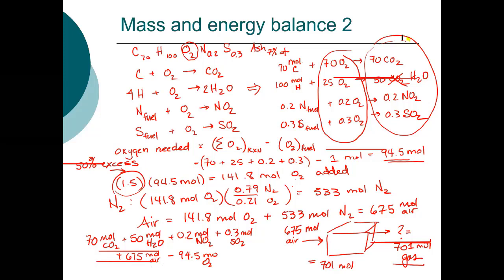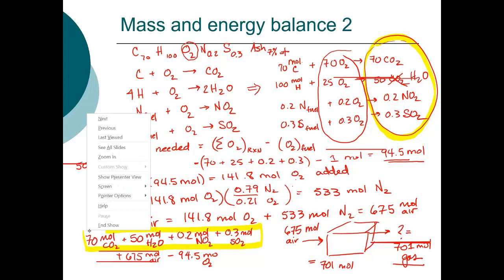Okay. So what we want is this set of data, which provides the masses and moles of the products that are formed. So that corresponds to this information right here.